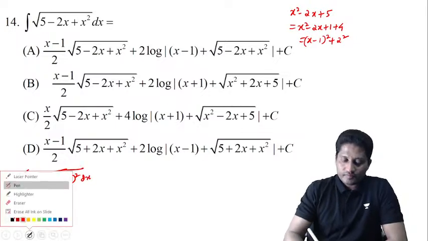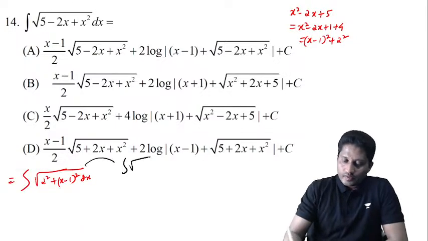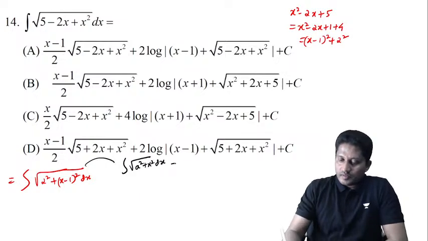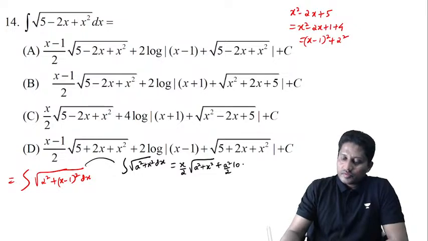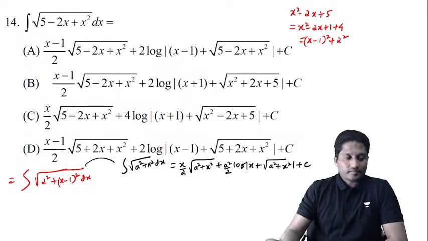Right, this is of the form root of a square plus x square, the integral of which is x by 2 into root of a square plus x square plus a square by 2 into log of x plus root of a square plus x square, plus c.